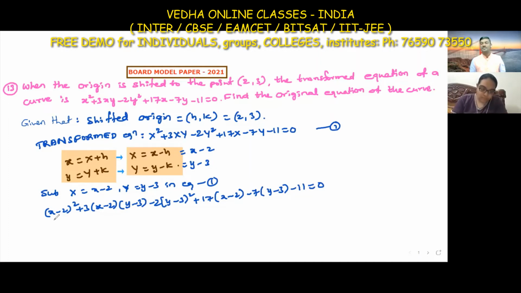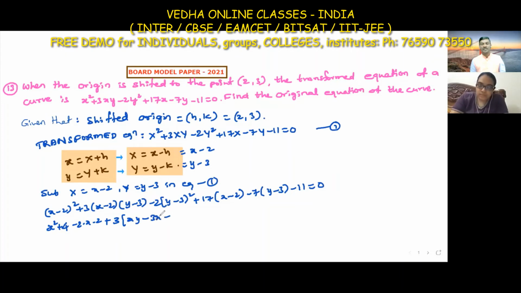Using the formula (a minus b) whole square equals a square plus b square minus 2ab, I am writing x square plus 4 minus 2 into x into 2. Plus 3 into x into y, that is 3xy, minus 9x, minus 6y, and minus into minus plus 6.